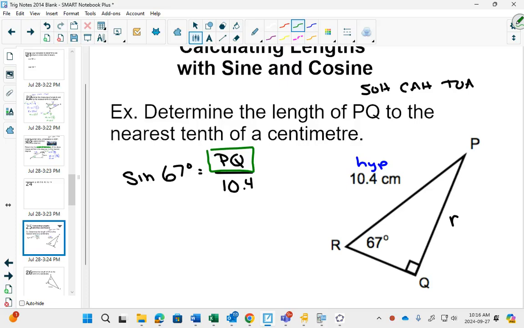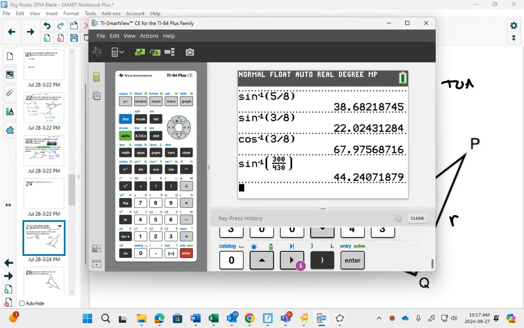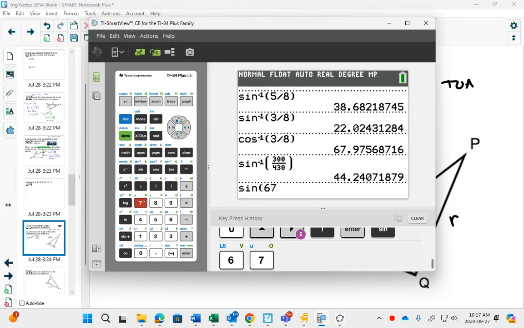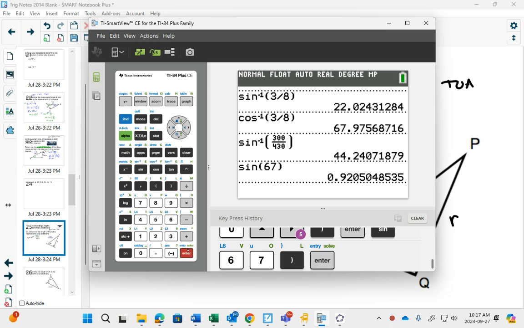Okay? So again, the big idea. Your calculator has the ratio memorized. If I go sine of 67 in my calculator, it says any triangle with a 67 degree angle, if you take the opposite side and divide by the hypotenuse, you get 0.92.